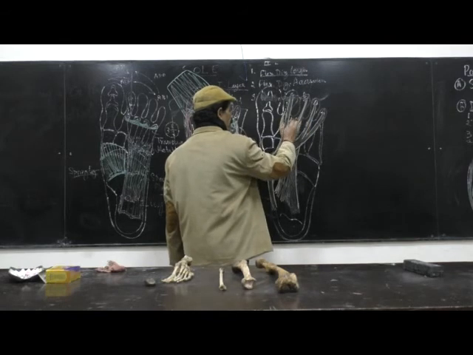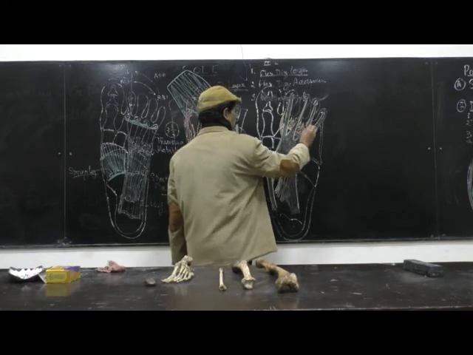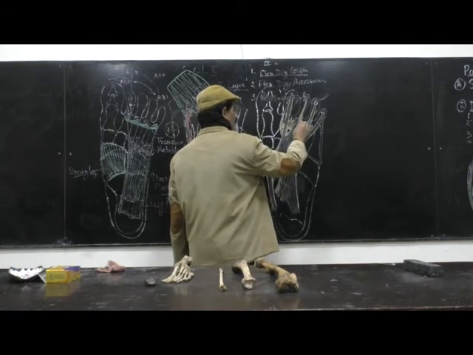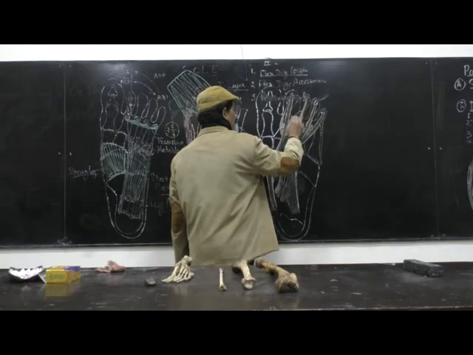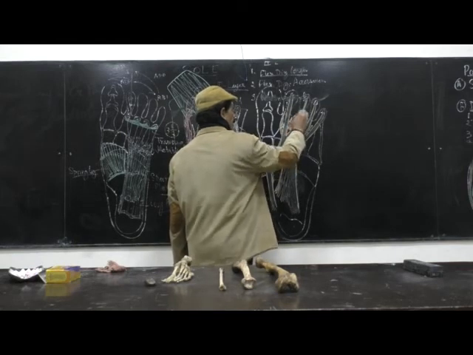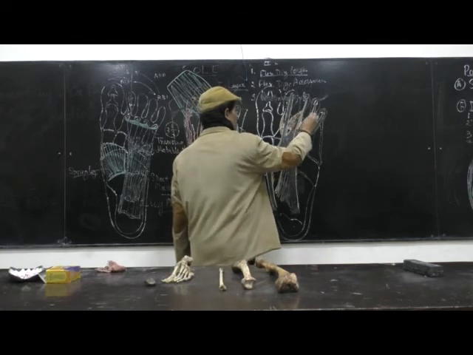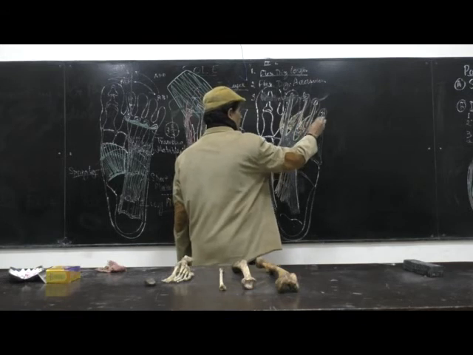The first, second, this is third, bipinnate. And the fourth is also bipinnate. And they go and are inserted on the fingers, in the root of the finger, and they go to the dorsal digital expansions on the medial side of all 4 fingers.